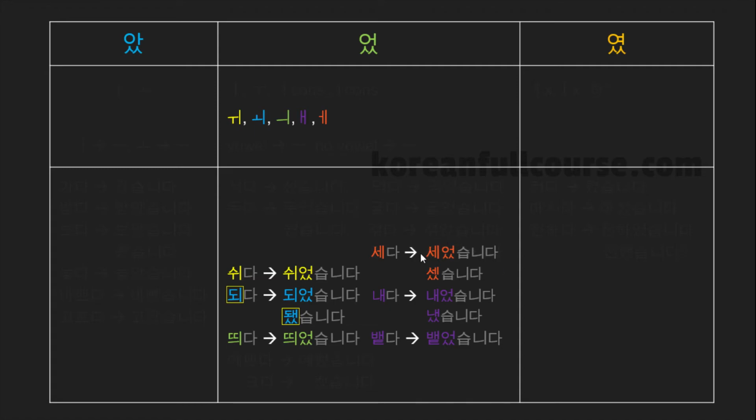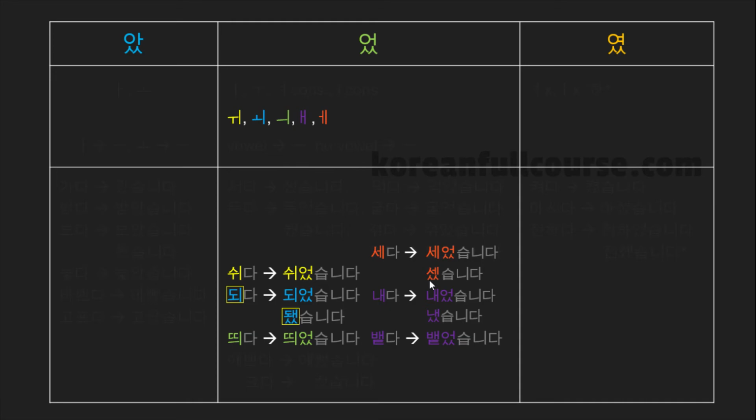These forms, 세었습니다 and 내었습니다, are grammatically correct, but they are almost never used. That is why say 셌습니다 and 냈습니다 instead, okay? These are just examples. Whenever you see a verb or an adjective that ends with one of these double vowels, use this method to conjugate them in the past tense.